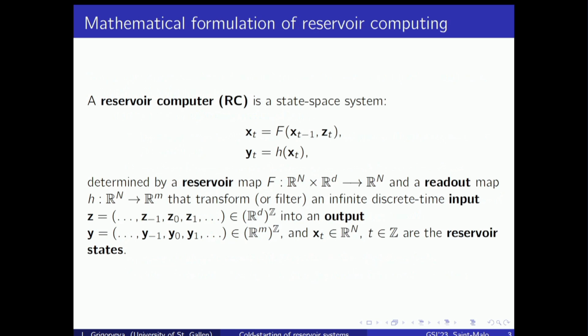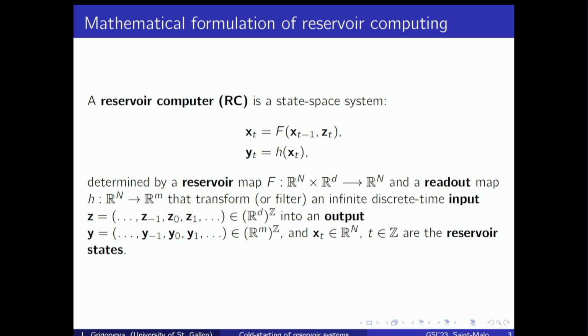In this setting, let me just remind you what Juan Pablo already introduced in his keynote talk. We call reservoir systems such state space systems, where what is important for us are probably these two letters, F and H. This is the definition that you have seen yesterday. F is a state map or reservoir map that defines the state dynamics.